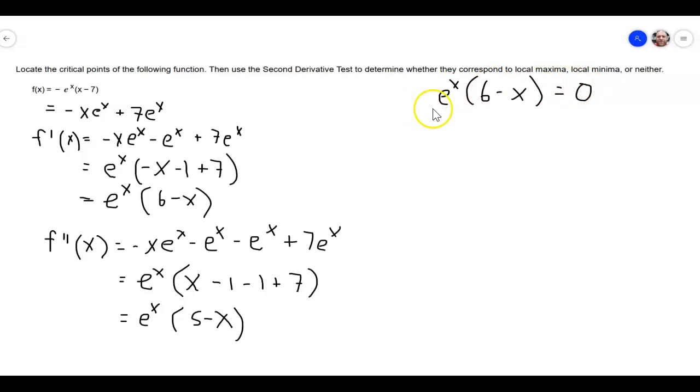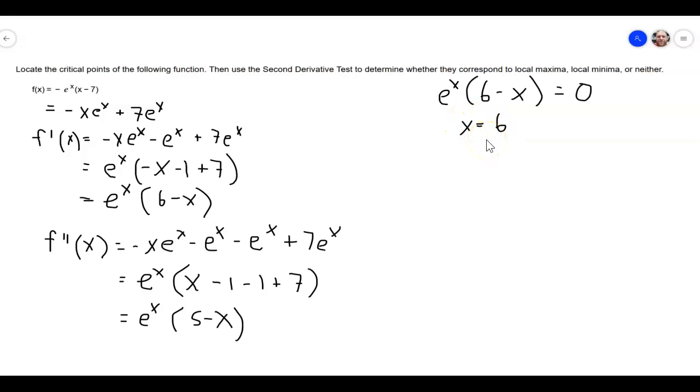Now if we know what the graph of e to the x looks like, we know that the x-axis is a horizontal asymptote, so it never actually touches that. So there's no value that we can put in for x to make e to the x equal 0. So really we're only looking for values to make 6 minus x equal 0. So x equal to 6 is going to be our only critical value. This is the only spot that we can have a local minimum or a local maximum.